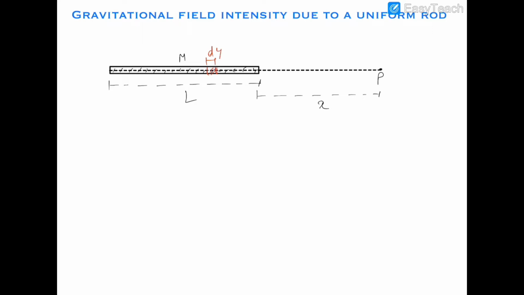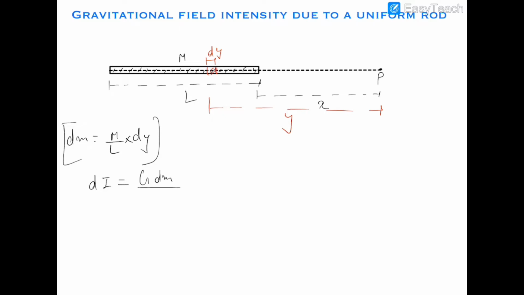Let us suppose its length is dy and its distance is y from point P. So the mass of this element dm is m by L into dy, and the gravitational field intensity due to this small element can be written as G dm divided by y square.